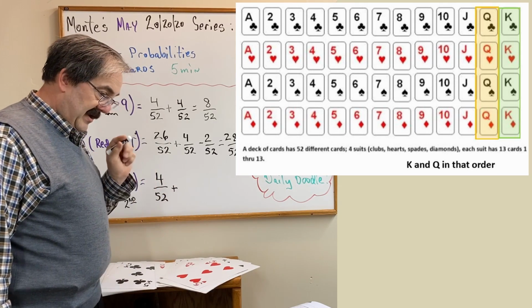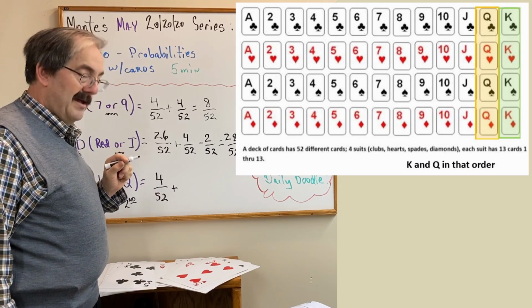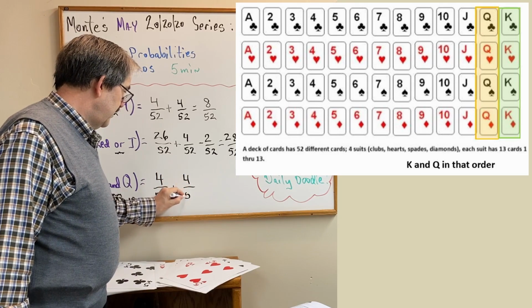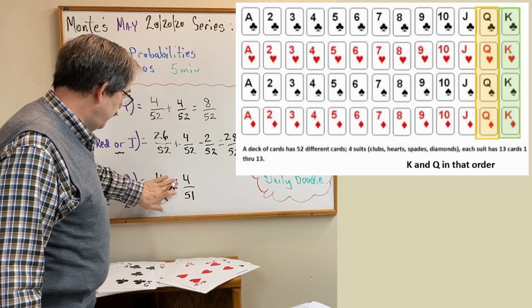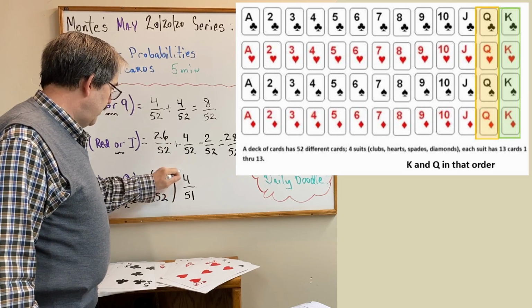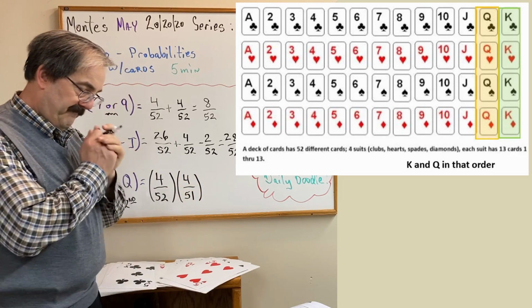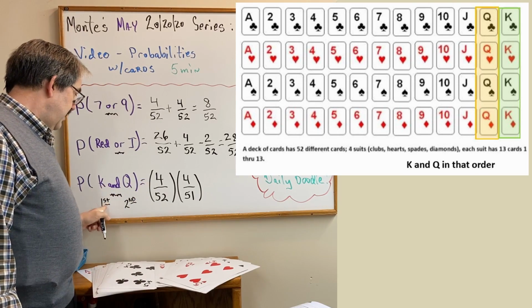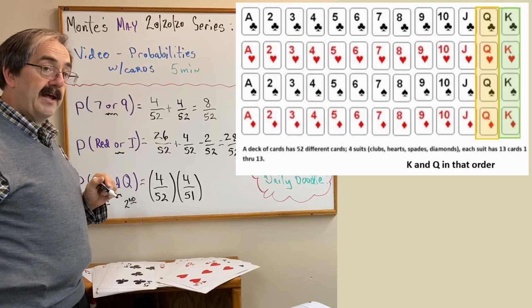And then 4 queens. And we multiply. Okay? Good with that? So I did it first, second.